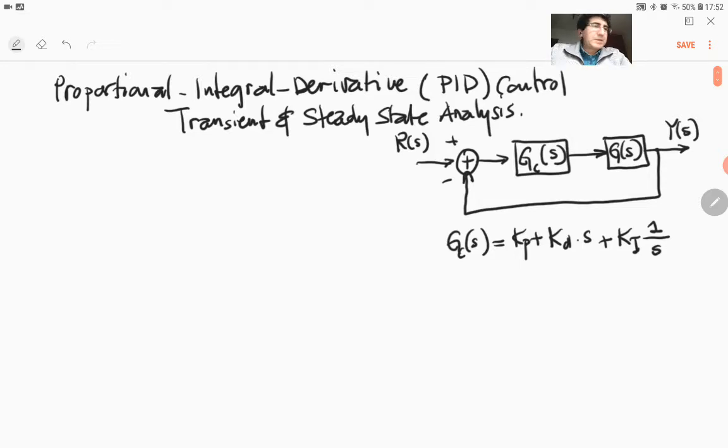But what we will try to do is to take a look at these components one by one in order to see the different effects that they have on our system behavior.